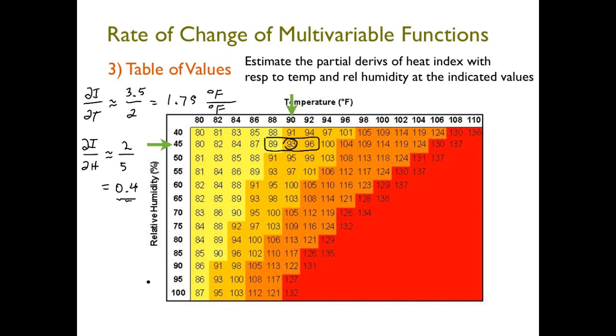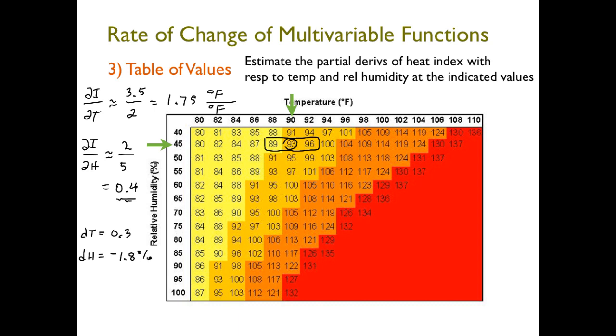Okay, so now we've been kind of parsing them apart, right? We've been saying let's just focus on the partial of index with respect to temperature and the partial of index with respect to humidity. So now what if it's 45% humidity and 90 degrees Fahrenheit, and the temperature changes by 0.3 degrees, and the humidity goes down by 1.8%.